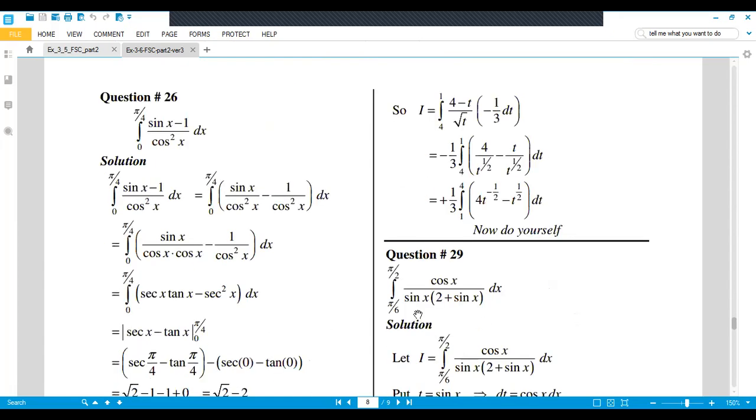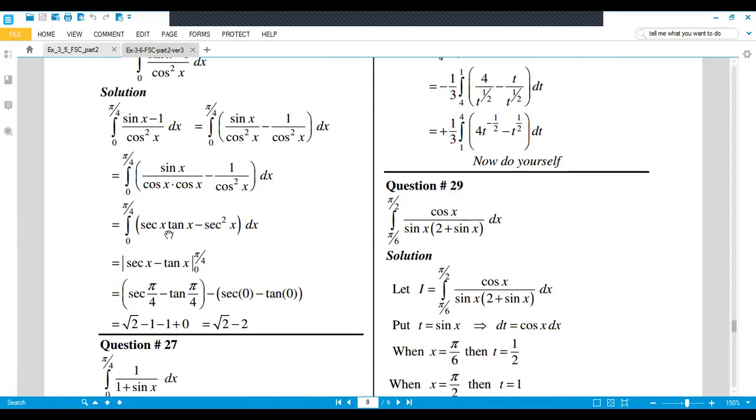Number 26, sine x minus 1 divided by cos square x. So we divide cos square x with the first term and then with the second term. When we divide with the first term, we can write it as sine x over cos x into 1 over cos x. So that will be secant x tangent x minus secant square x. You know that the integral of secant x tangent x is secant x and the integral of secant square x is tangent x.